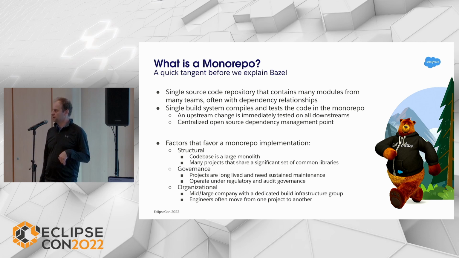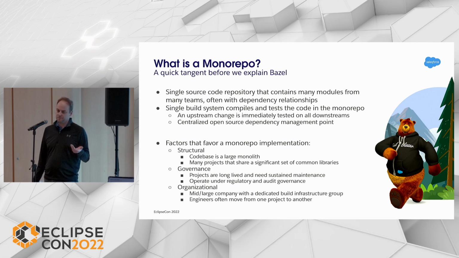And so one of the big benefits of a monorepo is if you make an upstream change in a library, all the downstream microservices, in our case, immediately get that change, and we see if we break any tests. So it's a great way for the entire ecosystem of microservices, in our case, to all stay up to date on the latest code, and we make sure we don't break anybody, so everybody's happy.